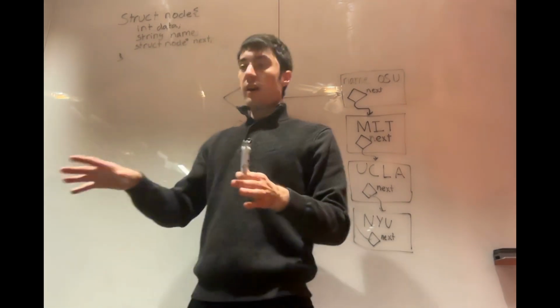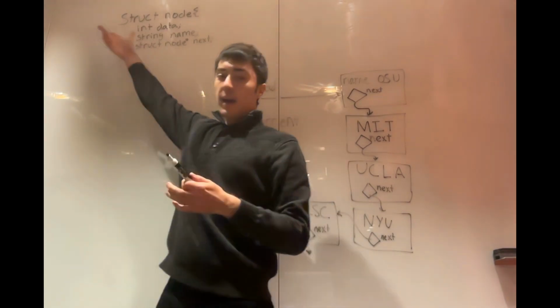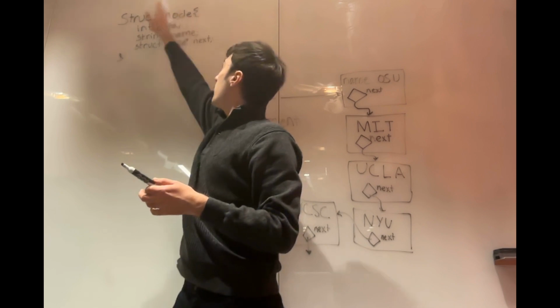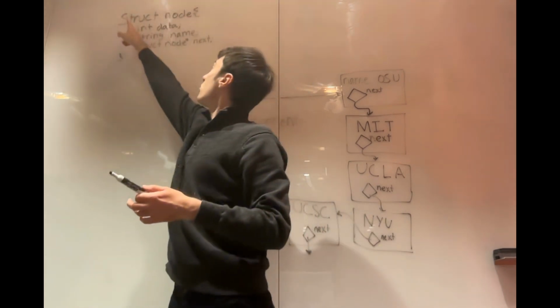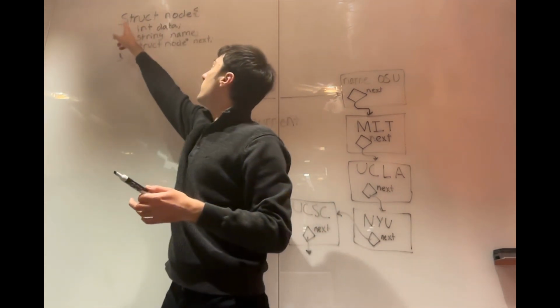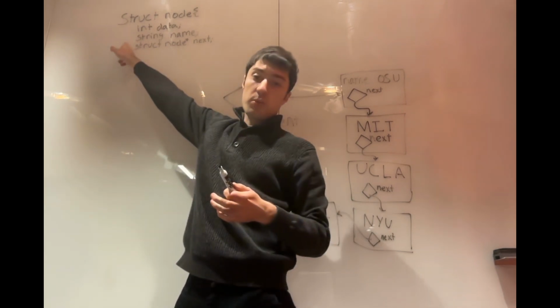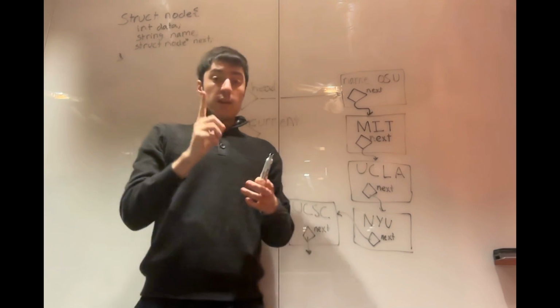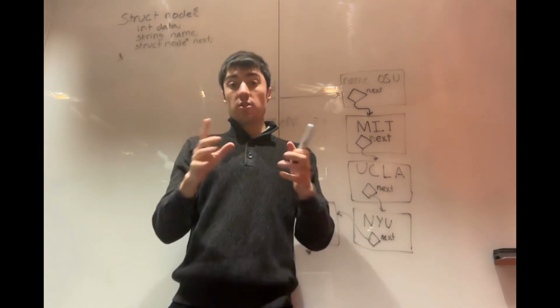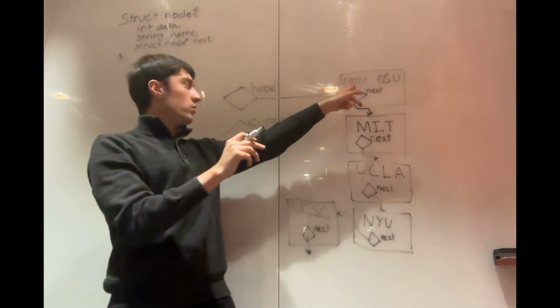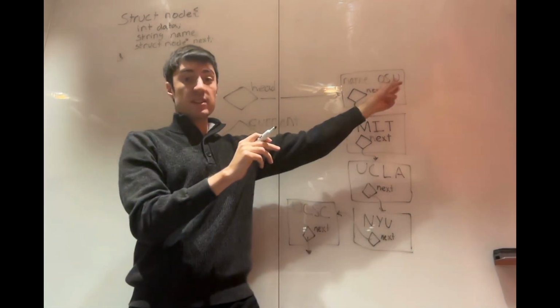So a little bit of notation, right? I have the actual structure right here. It's a struct node and it has three elements. The first one is int data, second one is string name, and the third one is struct node pointer next. Now I decided to represent pointers as a triangle, okay? So triangle, triangle, triangle. And you'll notice here's that next element.